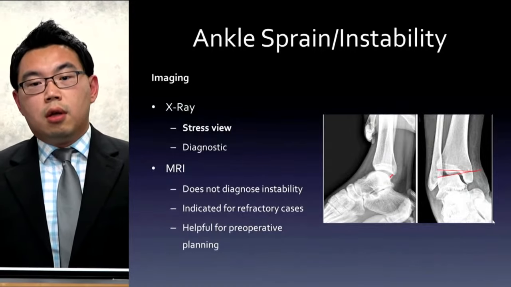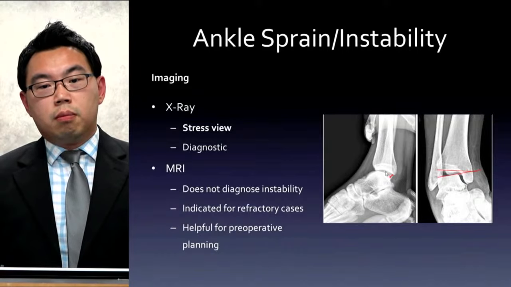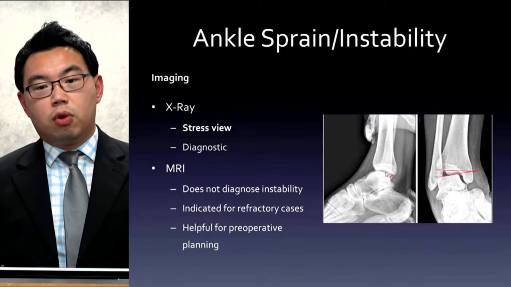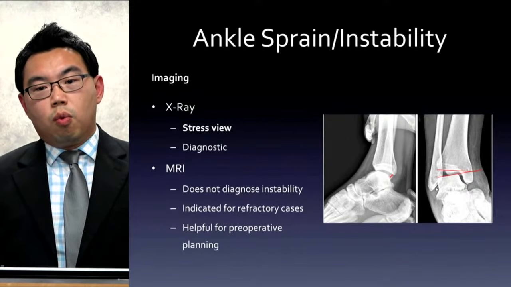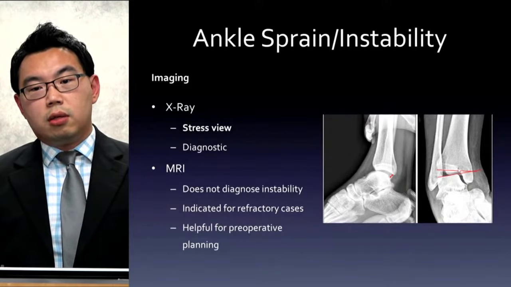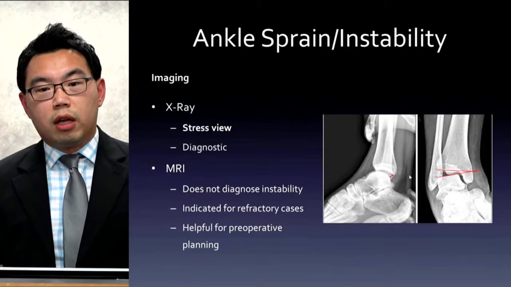You can see there's an incongruency of the ankle joint. The whole foot translates in relationship to the leg. You can see there is much more distance between the joint line in the back compared to the joint line in the front. Same thing with the talar tilt test. When we tilt your ankle, there's a big difference in the joint line space between the inner portion and the outer portion. And that's usually diagnostic for what we call ankle instability.